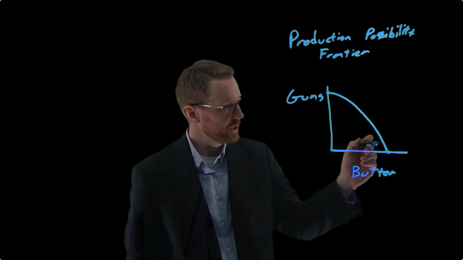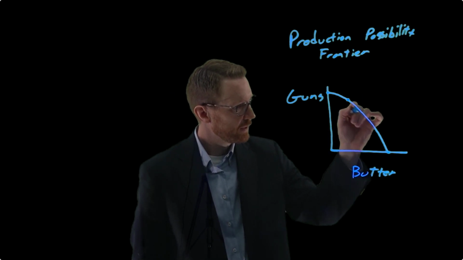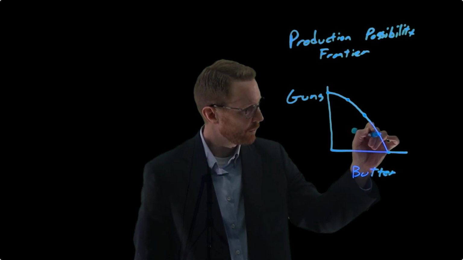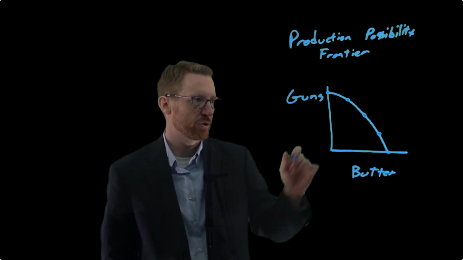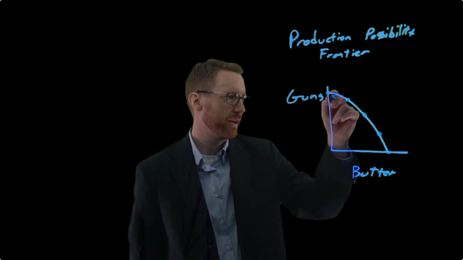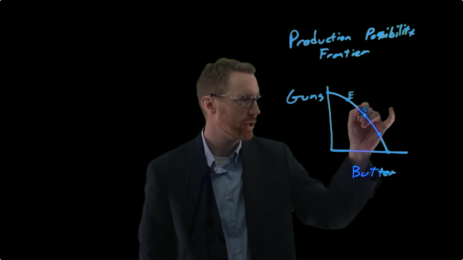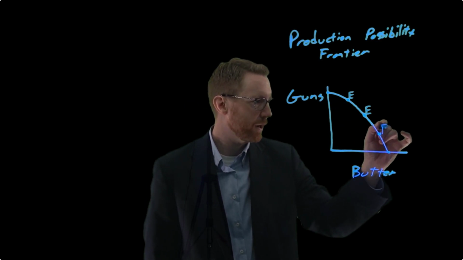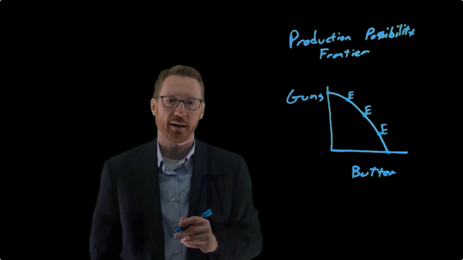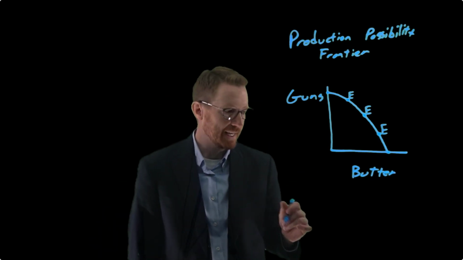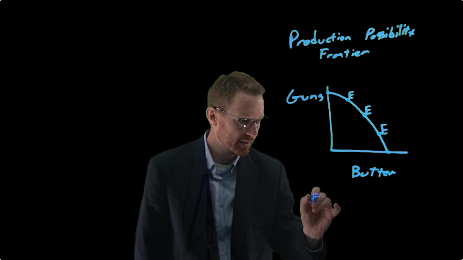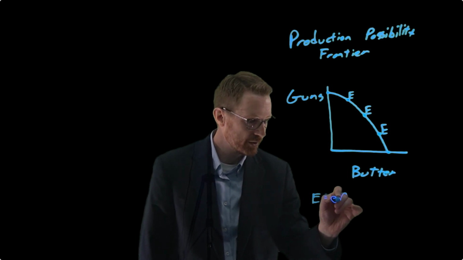These combinations, these are our points where we are efficiently producing. The production possibility frontier, this line is our line of efficient production. So let's mark a few points on there and we'll call all of them E. So E is efficient production.